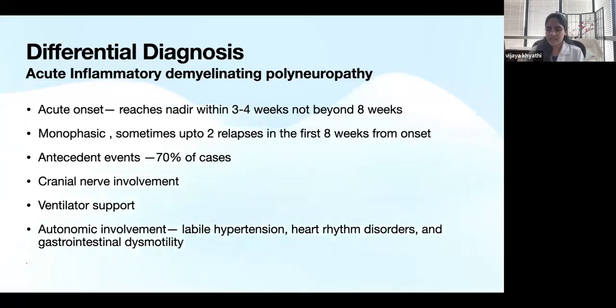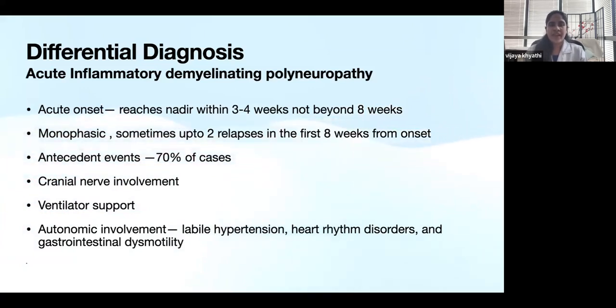AIDP is characterized by antecedent events, like a previous history of vaccination, infection, or surgery 3 to 4 weeks before the disease onset. 70% of AIDP cases have previous events, whereas in CIDP antecedent events are just 30%.